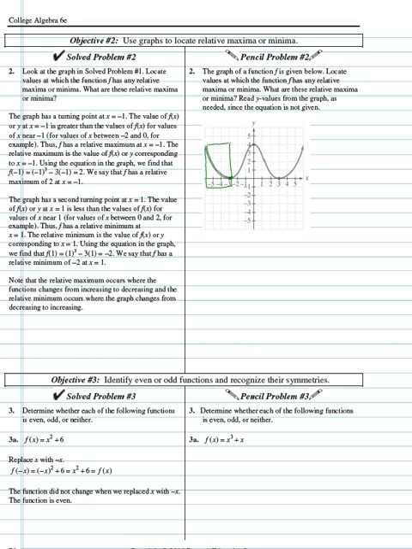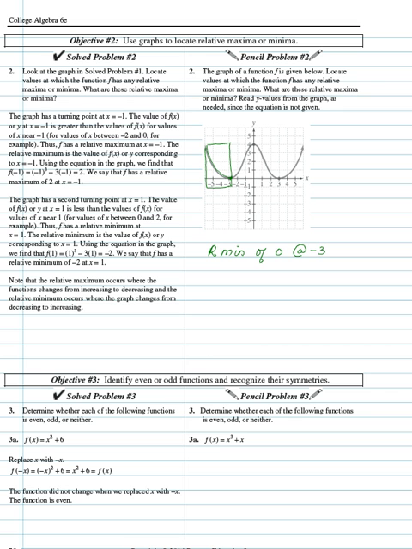So the function has a relative minimum of 0. This is the minimum value, right? So the function has a relative minimum of 0 at -3.